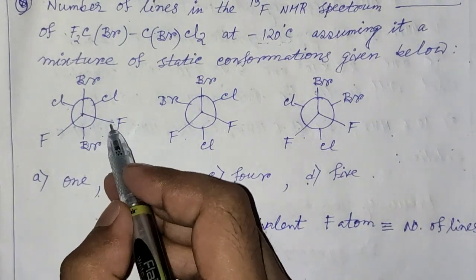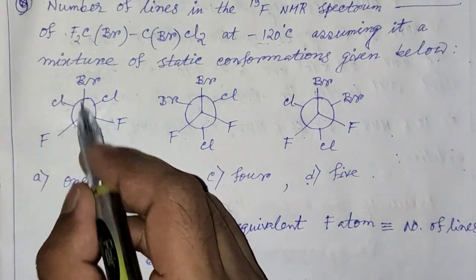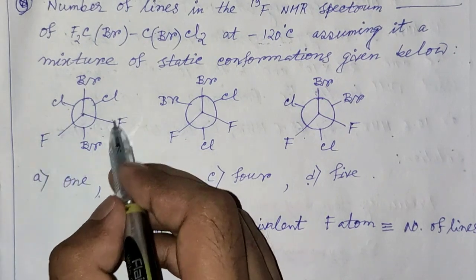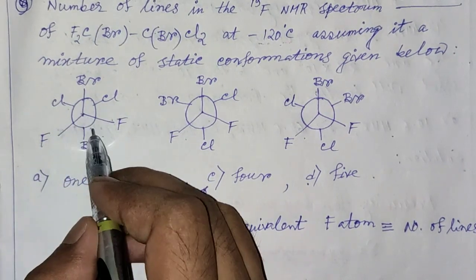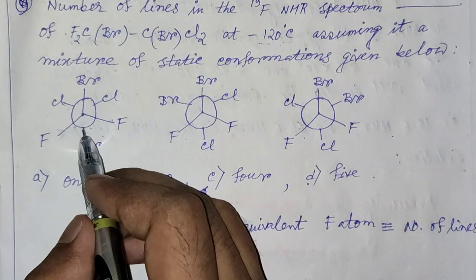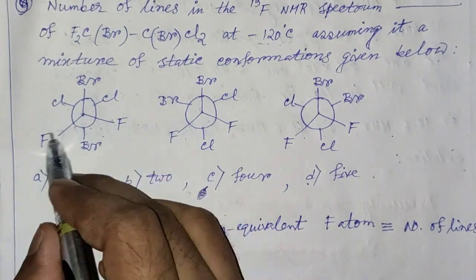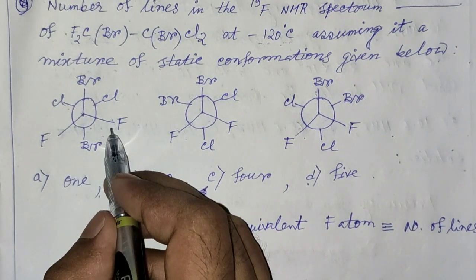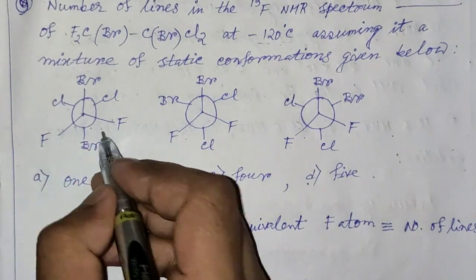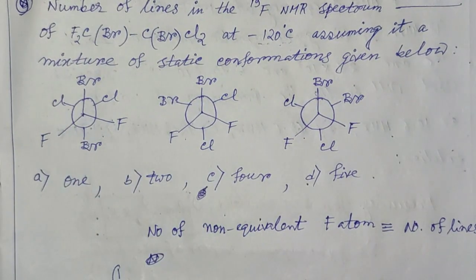Now for this sigma plane we can say that this fluorine and this fluorine are enantiotopic to each other. Since enantiotopic atoms are chemically equivalent, these fluorine atoms are chemically equivalent. So for these 2 fluorine atoms there will be 1 line.